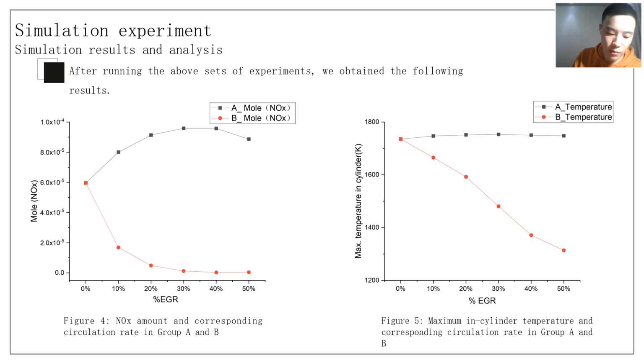In Group B, the temperature of the mixed gas in each simulation is kept constant by cooling the exhaust gas, and the internal energy in the exhaust gas is gradually reduced. The addition of exhaust gas leads to a decrease in the proportion of fresh air. It is for this reason that the maximum combustion temperature in the cylinder decreases, which also reduces the nitrogen oxide emission of the diesel engine. Based on the above research, the following conclusions can be drawn.